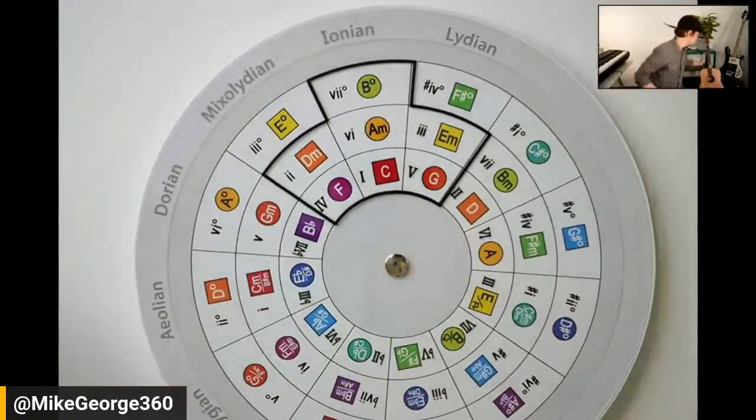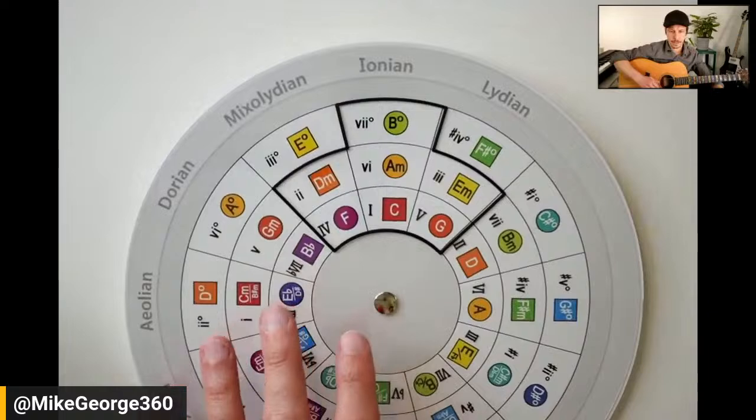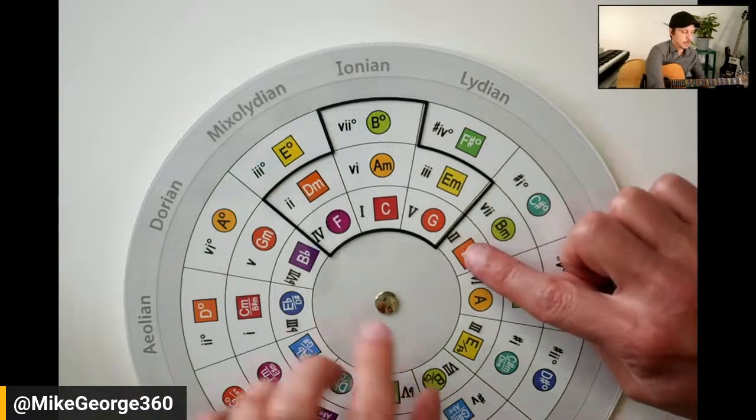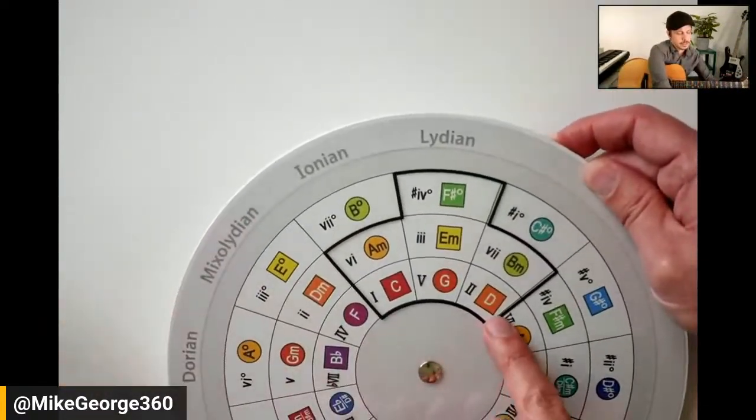And so let's hear it, for example. Let's say we're playing in the key of C, and then D. So even though it's outside of even the parallel, well, that is Lydian. It is in Lydian.